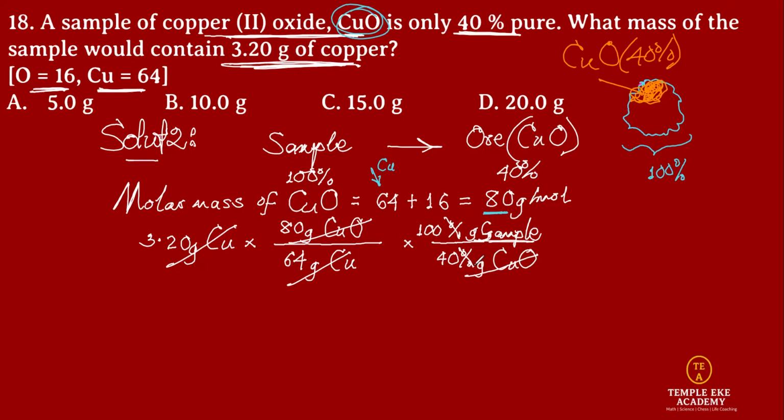And now, by multiplying and dividing appropriately, we can get our final answer very quickly here. Our answer is 10.0 gram of the sample. Of course, that can be done with an electronic calculator. Very simple. This is our final answer, and that is the option B right there.